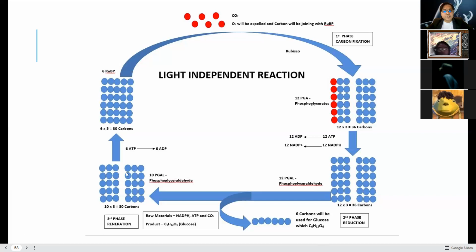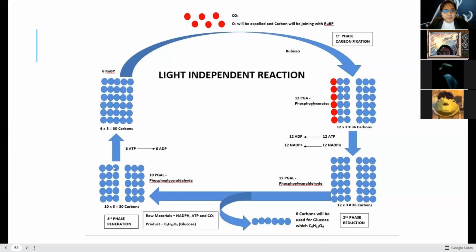Next, we have 10 PGALs for a total of 30 carbons. The 10 PGALs will have a rearrangement of molecules. Remember, your PGAL is a 3 carbon molecule, correct? They will rearrange themselves.